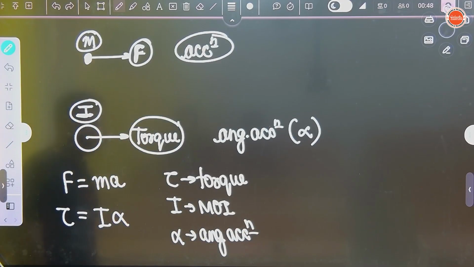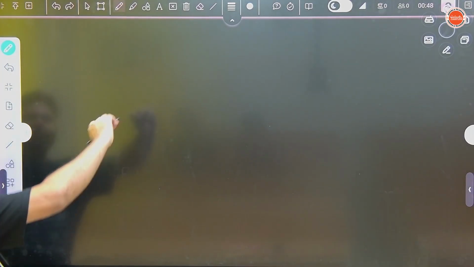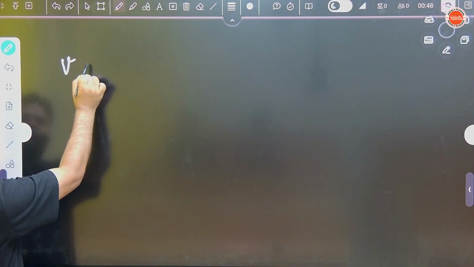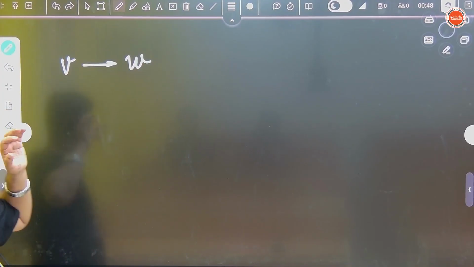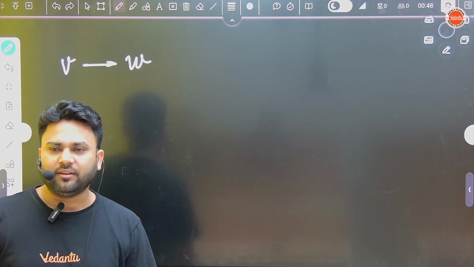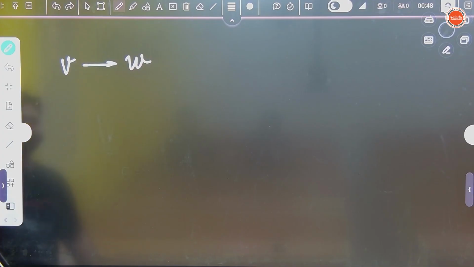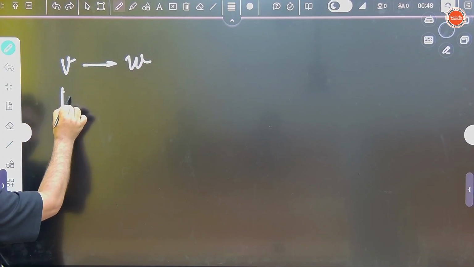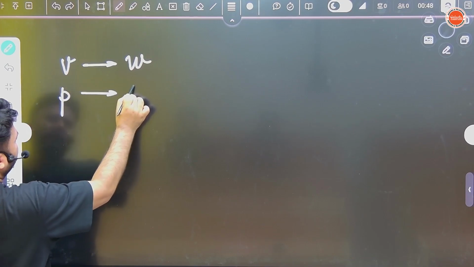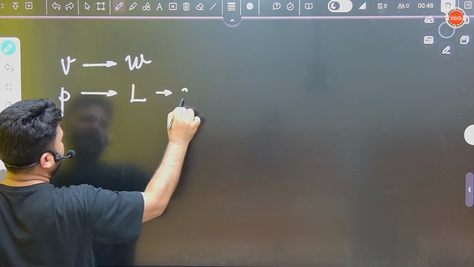Similarly, lot of things are there. Like for example, here we have velocity in linear motion. In rotation, we have angular velocity. Circular motion you must have studied, na? Here we have momentum, linear momentum. Here we have angular momentum.